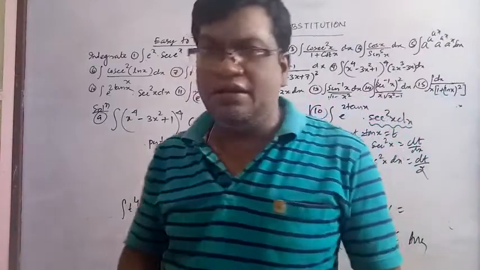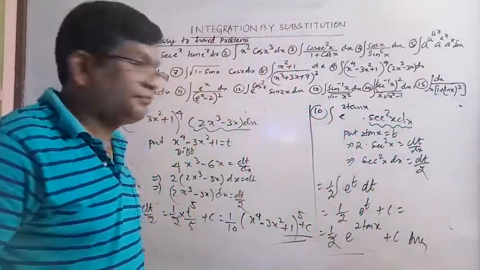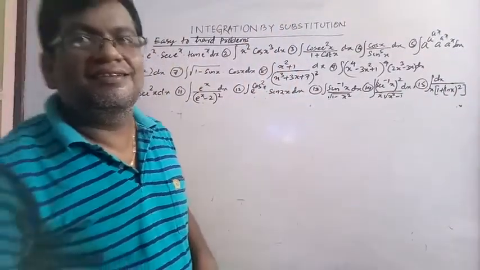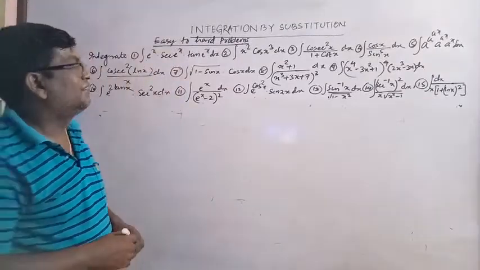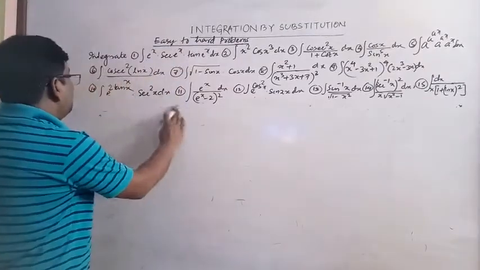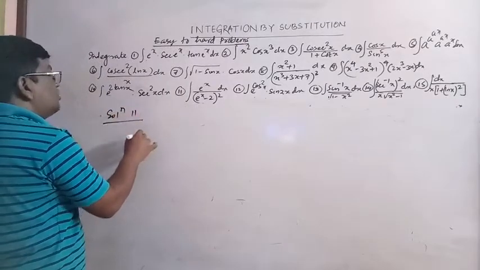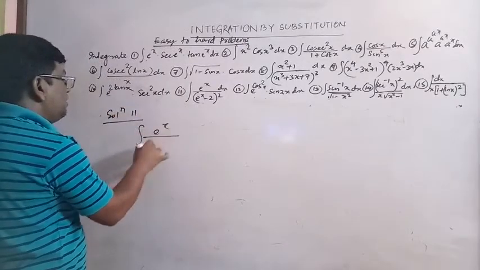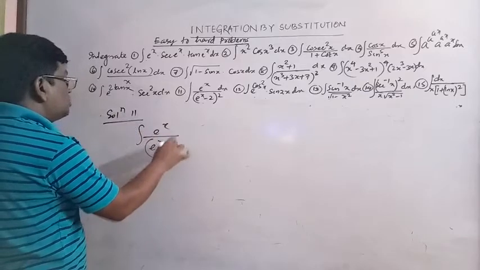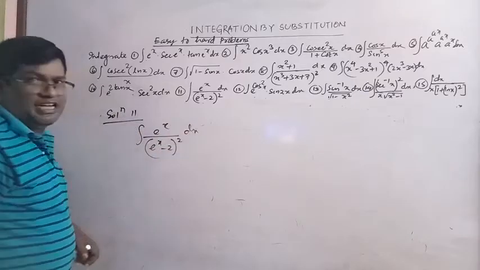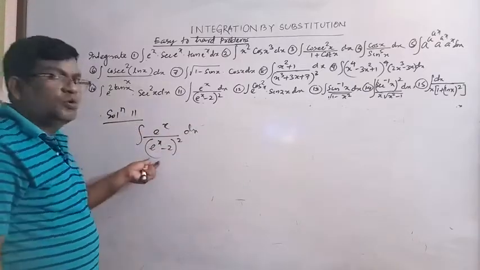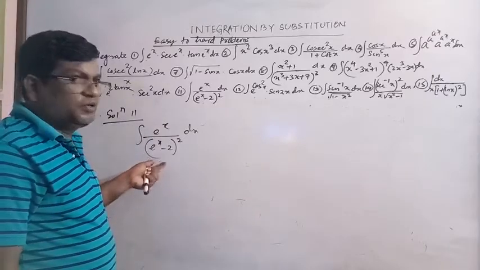Now question number 11. The solution of question number 11: integration of e to the x by (e to the x minus 2) whole square dx. What is the derivative of e to the x minus 2? The derivative of e to the x minus 2 is e to the x.